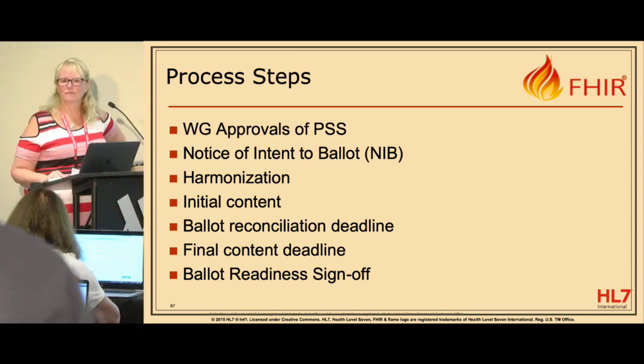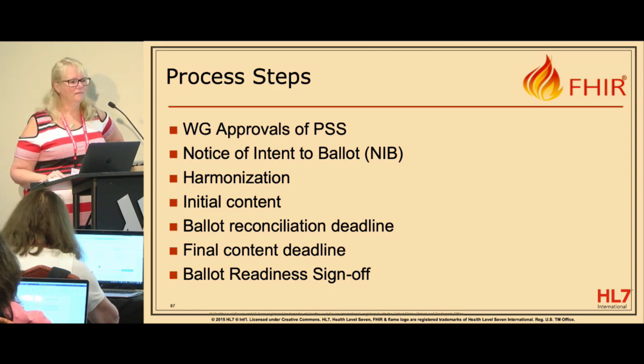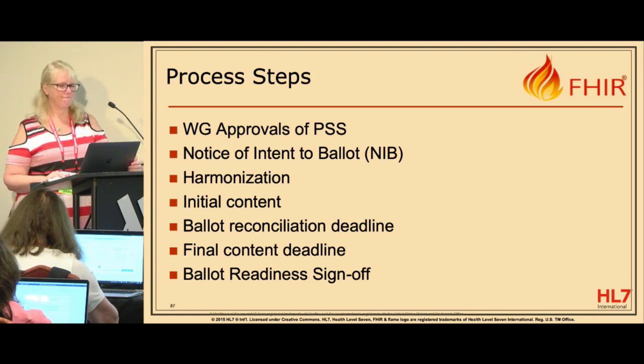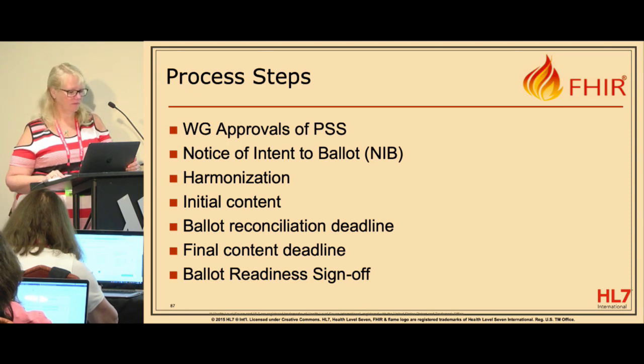The expectation is that by the time you get to a maturity level 3, you will be leveraging external terminologies wherever possible, and need specific approval to use FHIR-defined terminologies in those situations where you think they're necessary, unless it's a data type of code.